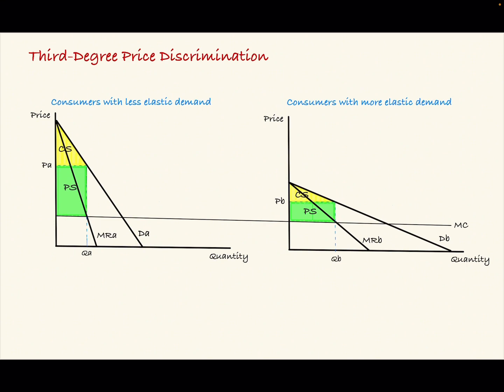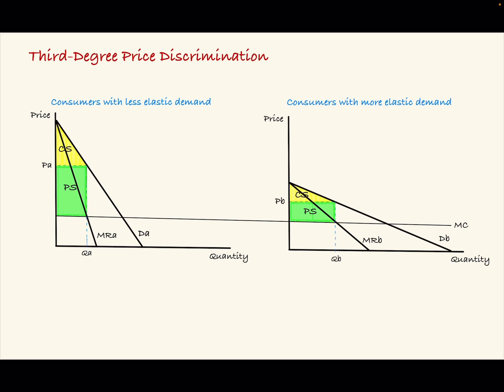Now remember, where does a firm maximize its profit? A firm maximizes its profit when marginal cost, or MC, equals marginal revenue, MR. Now, because the slopes of the demand curve are different based on the price elasticity of demand, the marginal revenue curve will also have different slopes. So, for consumers with less elastic demand, the profit maximizing quantity is at QA.